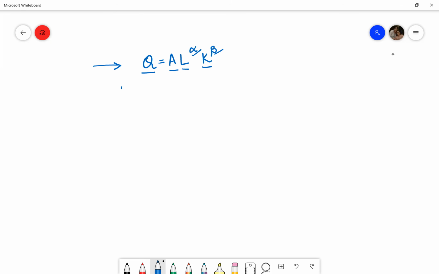Now, the formula for elasticity of substitution is equal to the change in your capital labor ratio divided by your capital labor ratio.